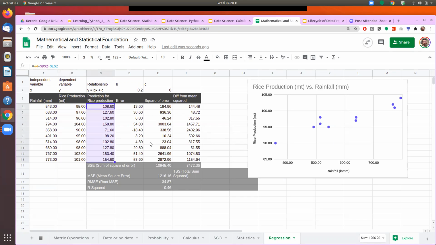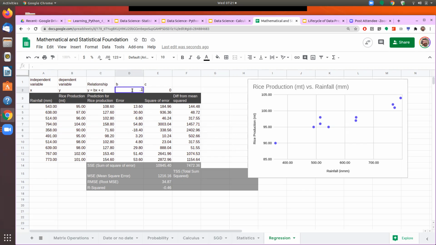Now this doesn't really look like a very good prediction, because my prediction is 108, the actual rice production was 95. So in almost all the cases, my prediction is more than the actual production, except for maybe one case where it is less. So to make our prediction more accurate, maybe visually we see that possibly we need to reduce it.